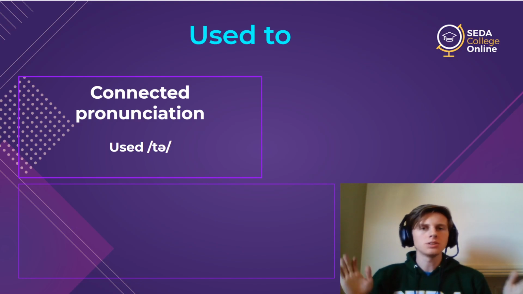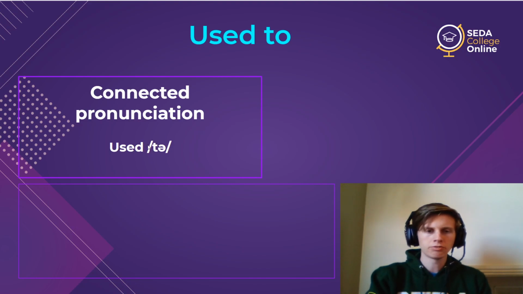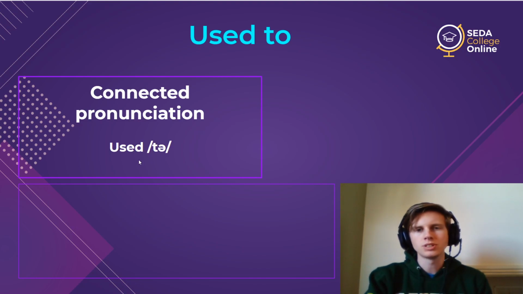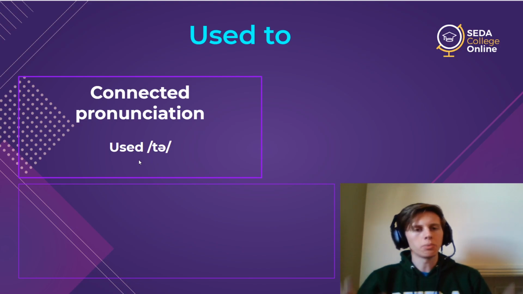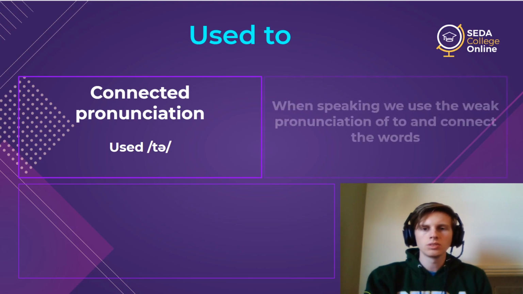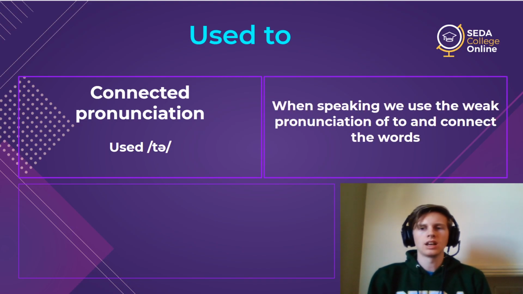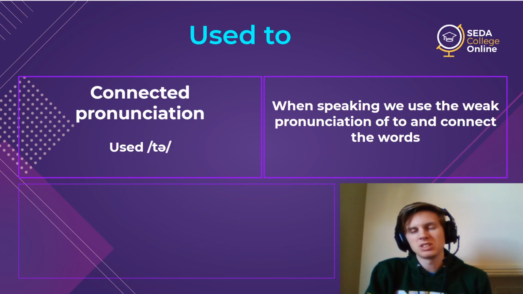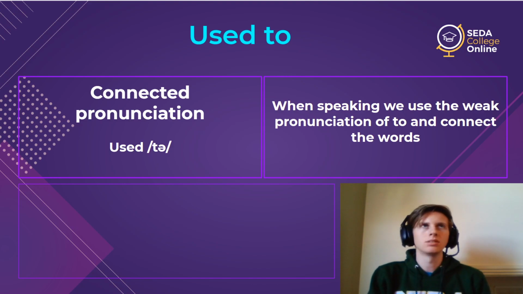So we begin to make it weaker and weaker and weaker. And so we use the weaker form here, used to, used to. So we begin to connect and connect and connect. So when we speak, we use that weak form because we're speaking very quickly, and our pronunciation becomes almost not lazy, but relaxed. We use a relaxed pronunciation.